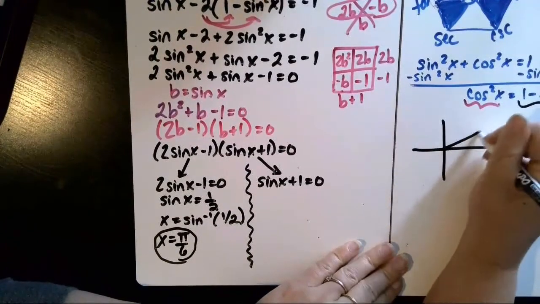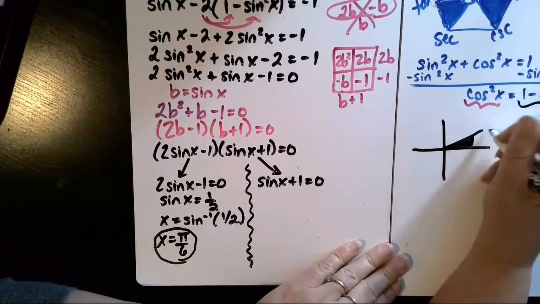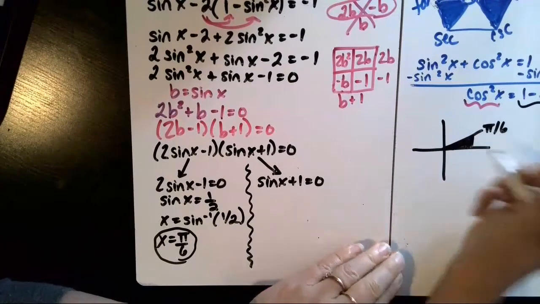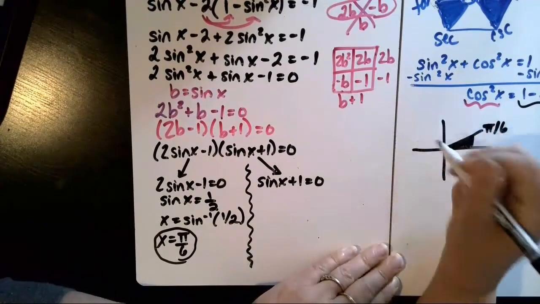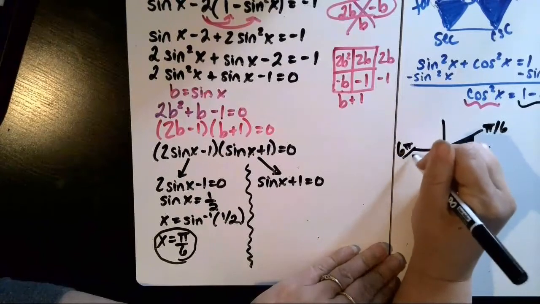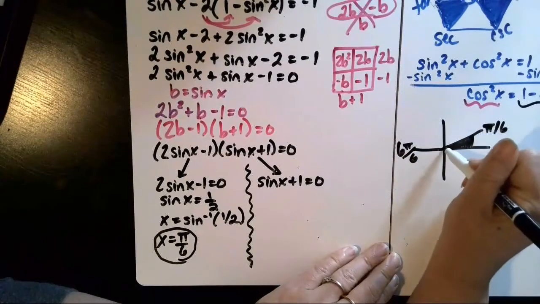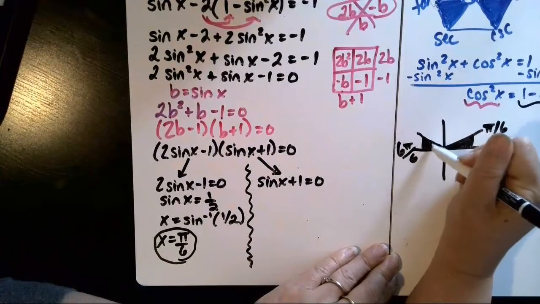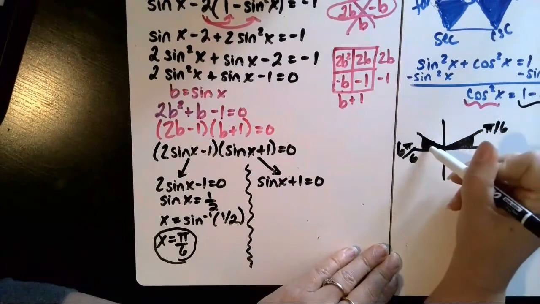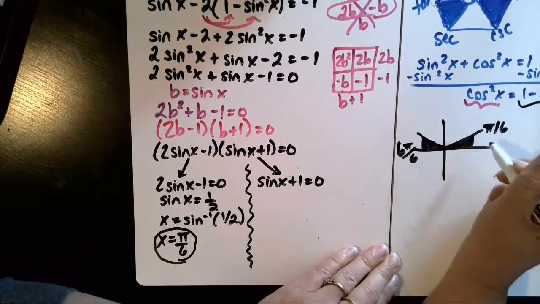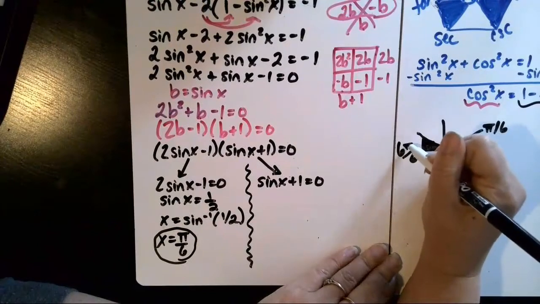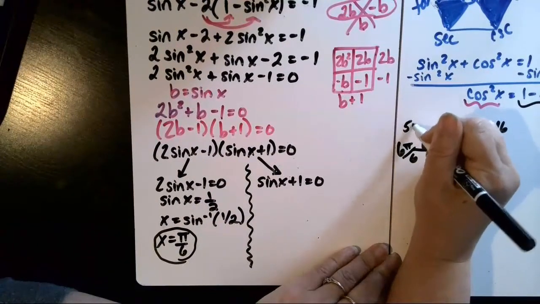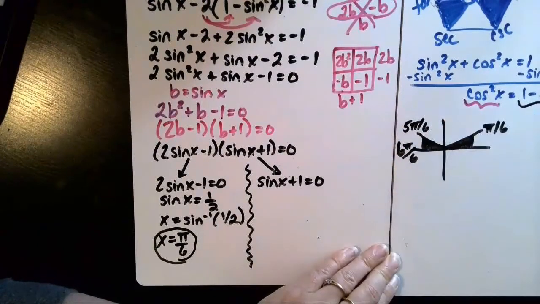Here's pi over 6 in quadrant 1, that's our reference angle. To go halfway around the circle would be 6 pi over 6. So to get the same size angle in quadrant 2, where sine is also positive, we would subtract pi over 6. So 6 pi over 6 minus pi over 6 is 5 pi over 6.